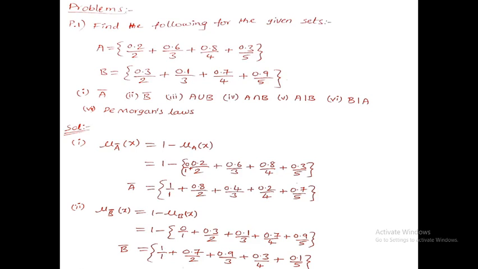If you subtract the numerators again from 1, then you will get 1 by 1 plus 0.7 by 2 plus 0.9 by 3 plus 1 minus 0.7, that is 0.3 by 4, 1 minus 0.9, that is 0.1 by 5.